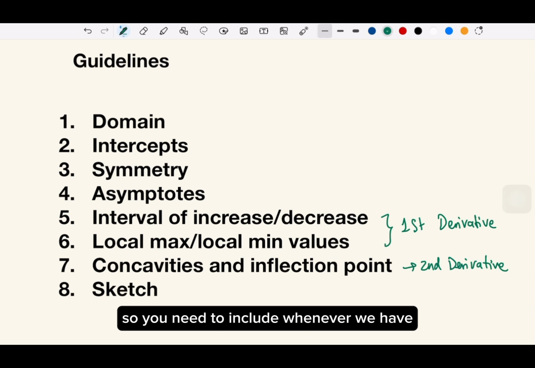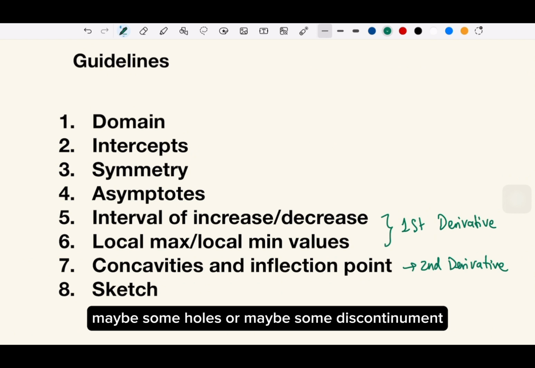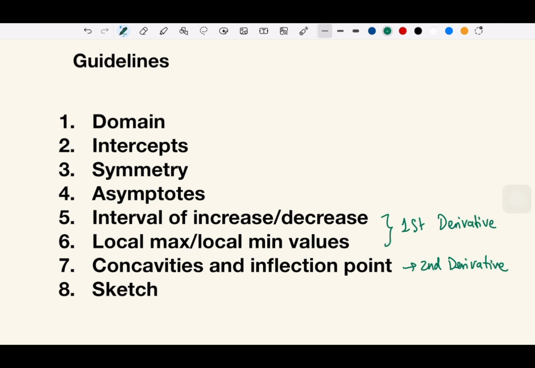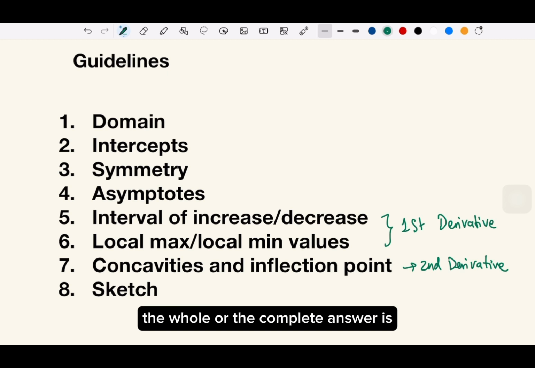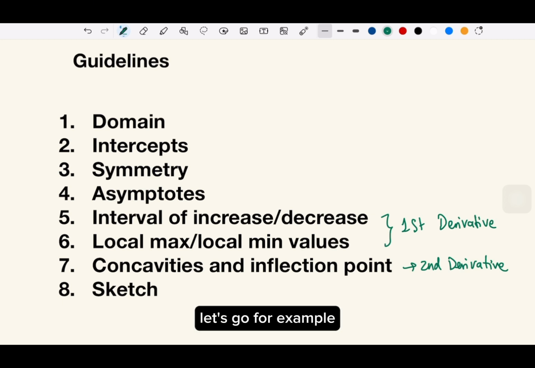So you need to include whenever we have maybe some hole, or some discontinuity in the function. The complete answer is if we can write all of this clearly. It doesn't mean your sketching needs to be really good, but you can point out which one is the special point, which one is the unique property of the curve. Let's go for an example.